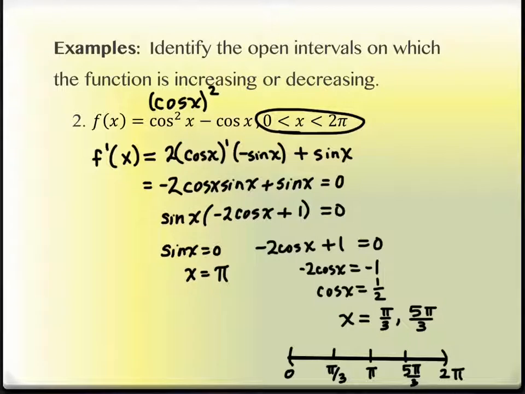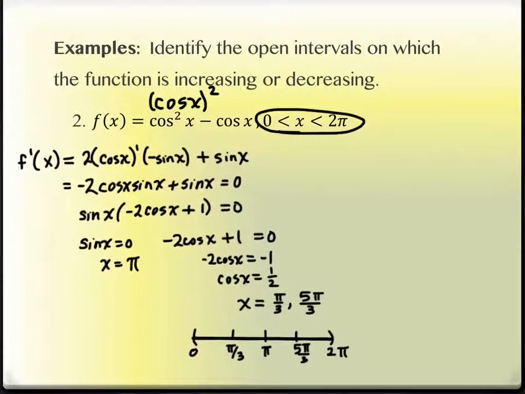Okay, so as we're doing this, sorry, I'm running out of space, so I'm going to shift this over a little bit. We need the testing values between these values, right? And while it's true that you could focus on what pi value is between 0 and pi over 3, like you could use pi over 4, that'd be okay.